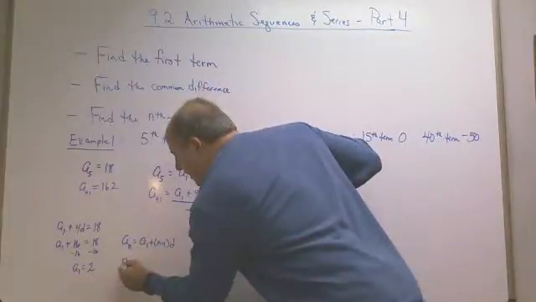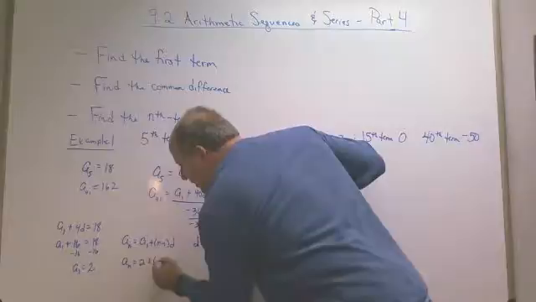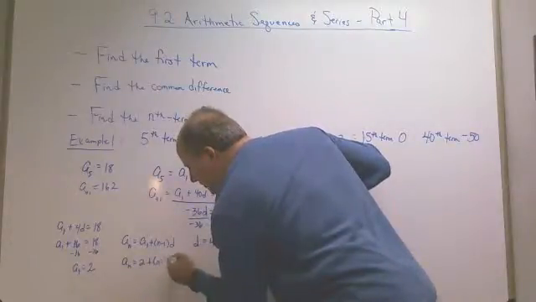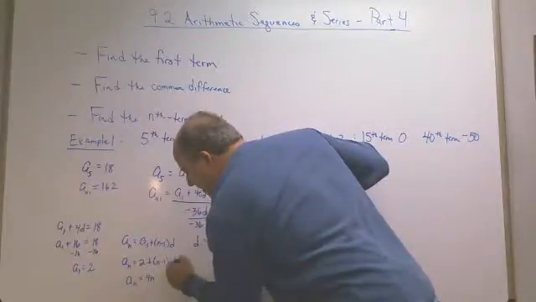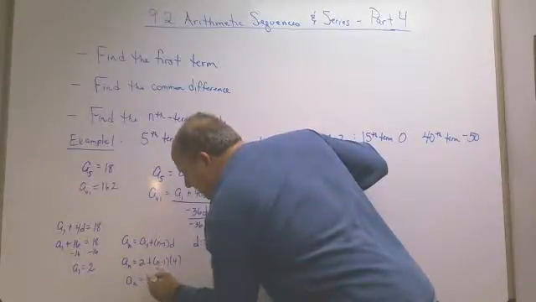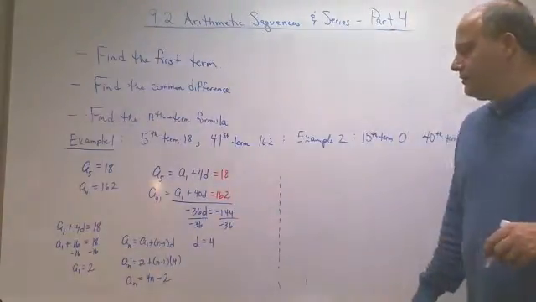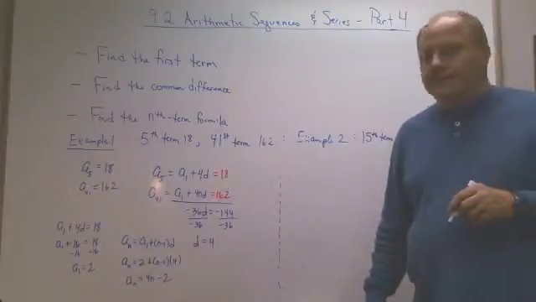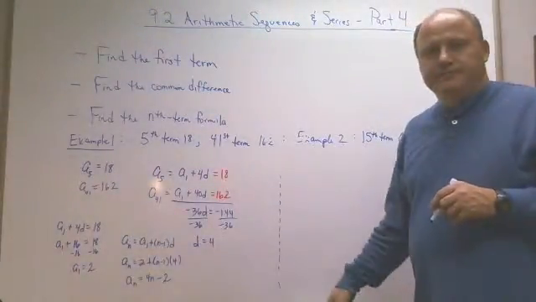A sub n equals 2, which is a sub 1, plus n minus 1 times the common difference, which is 4. So a sub n equals 4n, 4 times negative 1 is negative 4, and negative 4 plus 2 is negative 2. So all right, that's the formula. That will answer your third question.